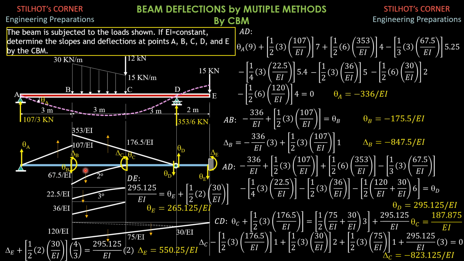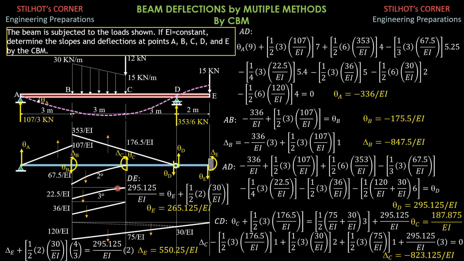The location of the centroid from this leg is b over n plus 2, so 3 over 2 plus 2 is 3/4 or 0.75, so its distance from D is 6 minus 0.75, so 5.25 meters.